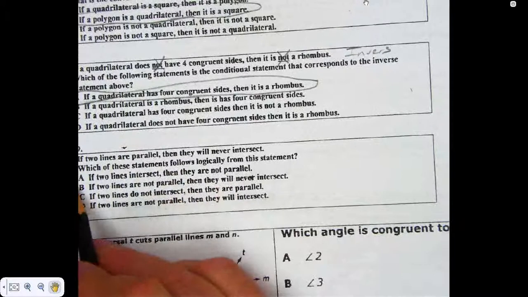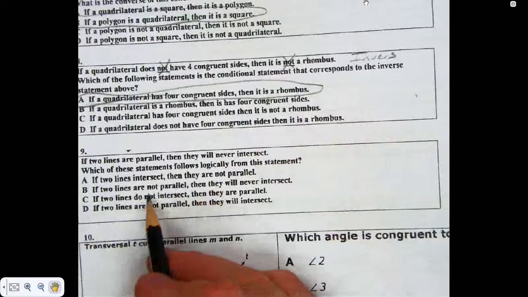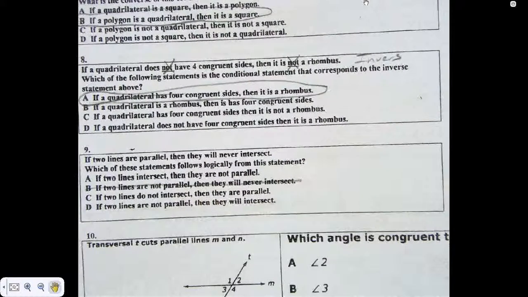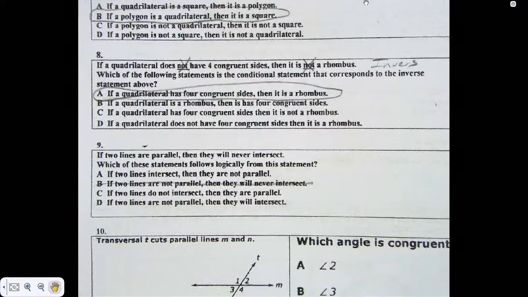If two lines are not parallel, then they never intersect. This one will not work at all. Agreed? Agree. If two lines do not intersect, then they are parallel.